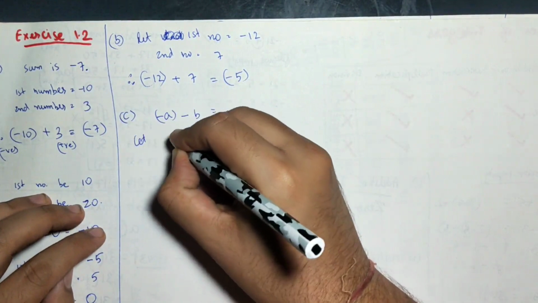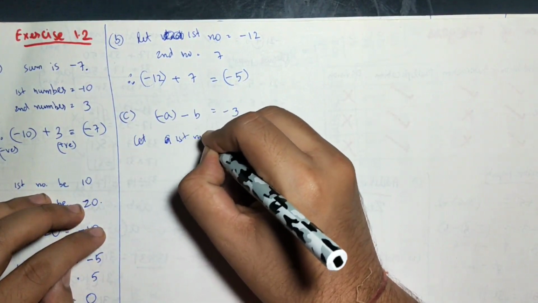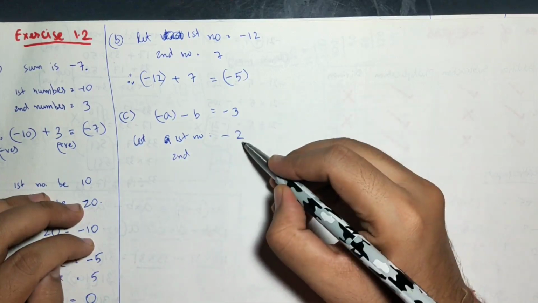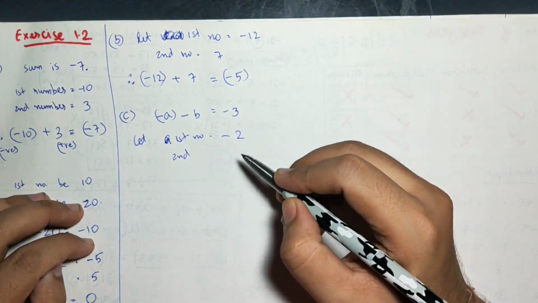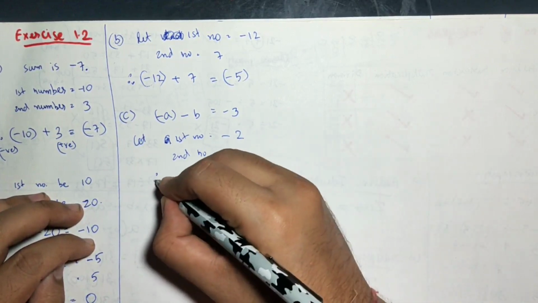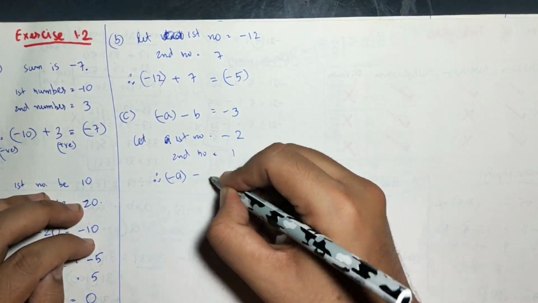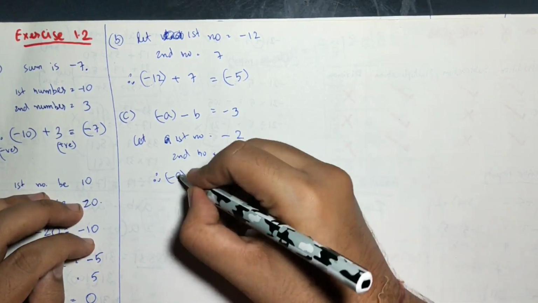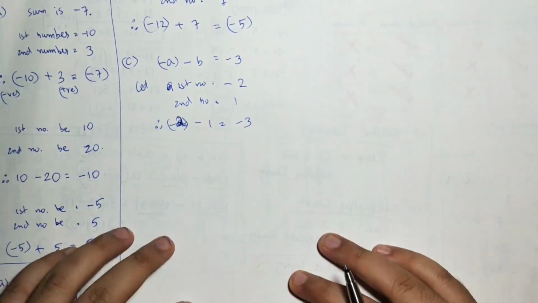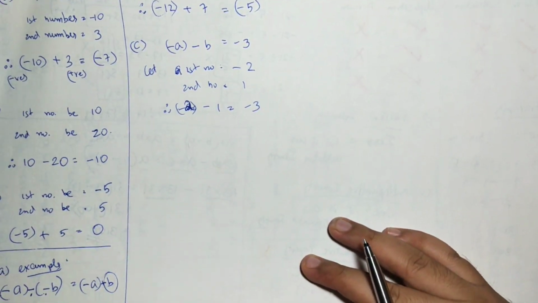So let the first number be -2 and my second number, what should be subtracted from -2 to make it -3? That is 1. Second number be 1. Therefore -2 -1 will become -3.